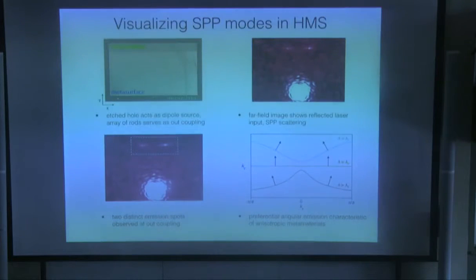So this is what typical experimental data looks like. This is our in-coupling laser spot. And then at the outcoupling, we typically observe these lobes of plasmons scattering out of the outcoupling. These two distinct emission spots are characteristic of the shape of the equifrequency contours, which have these preferential angles for propagation.